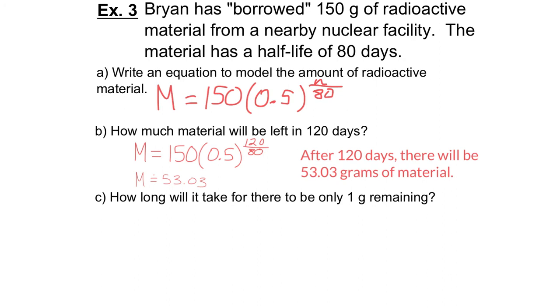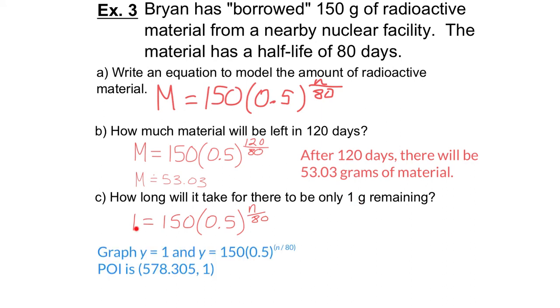Okay, so last question. How long will it take for there to be only 1 gram remaining? Okay, so now we know what the mass is, so m is 1. How long will it take? We're solving for n. So I can substitute m equals 1 into my equation.